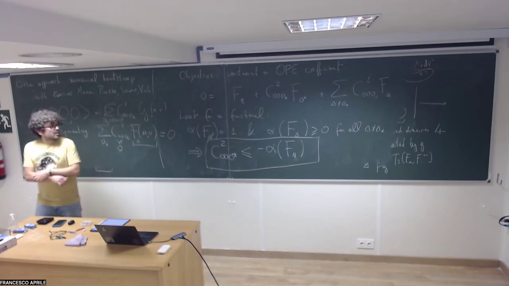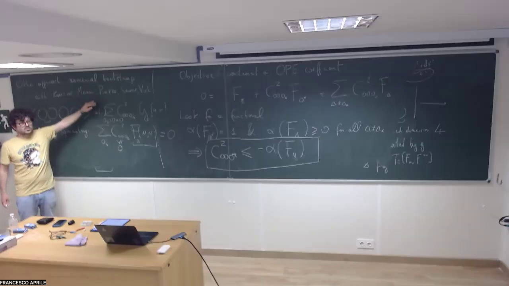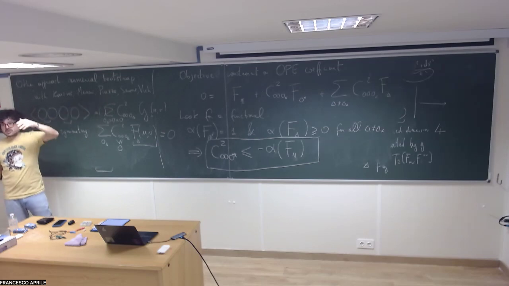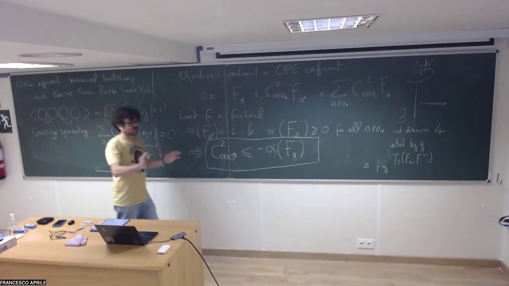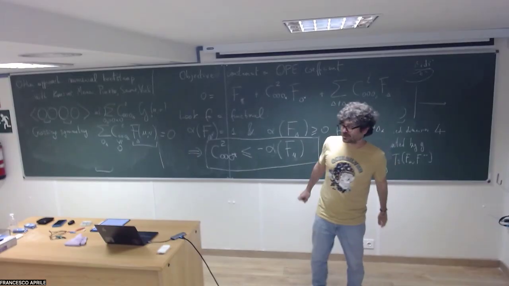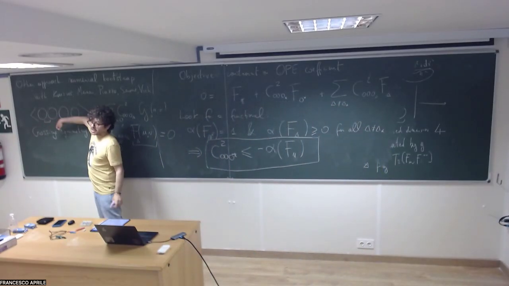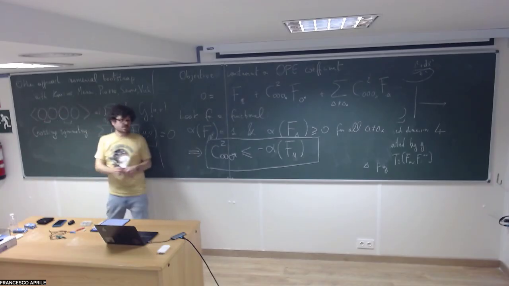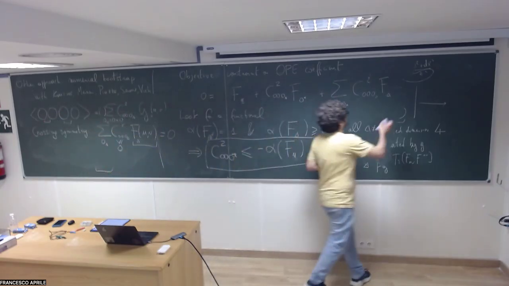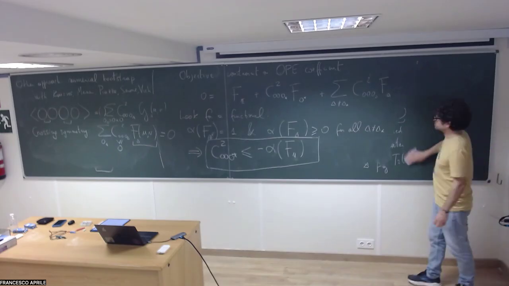Okay, so now in our particular case, how do we apply these ideas to gluons in AdS? So we want to see something about the Dirichlet boundary condition, okay? And in the Dirichlet boundary condition, there is a very universal object that we know exists, which is this current, right? The non-abelian current. So we're going to take our operator now, which was the symmetry constraint, to be the non-abelian conserved current.